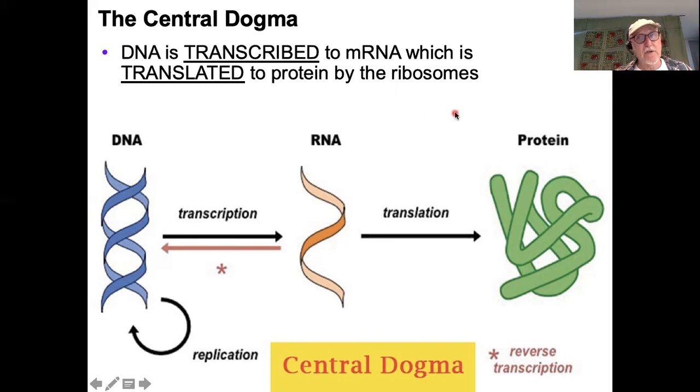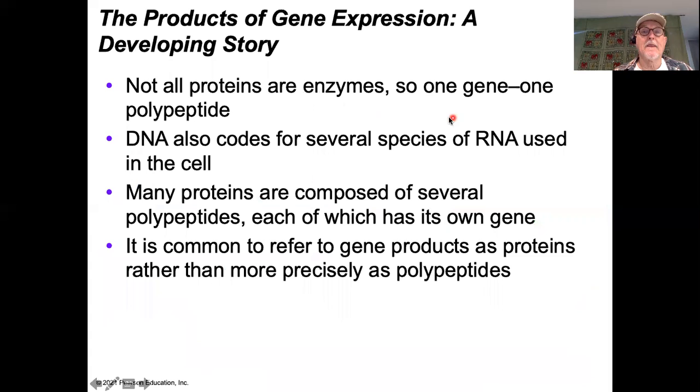There's a little bit of difference we'll see in a while. But essentially this same process links all living things because it evolved in the prokaryotes and it has been maintained in all of evolution through everything else. There's nothing living that doesn't use this process, DNA transcription to messenger RNA and its translation to protein by the ribosomes.